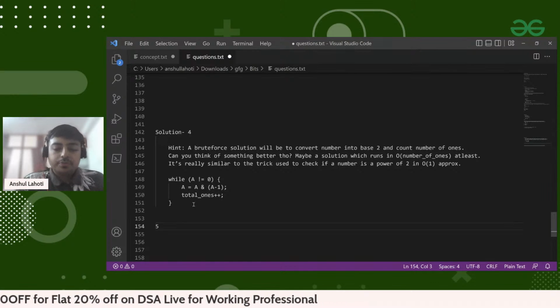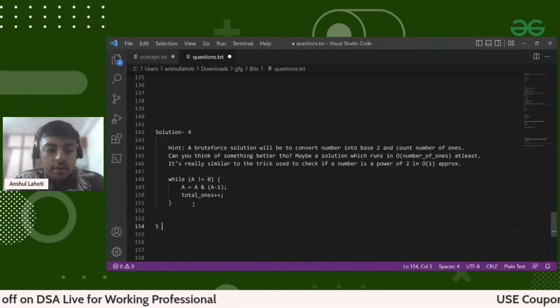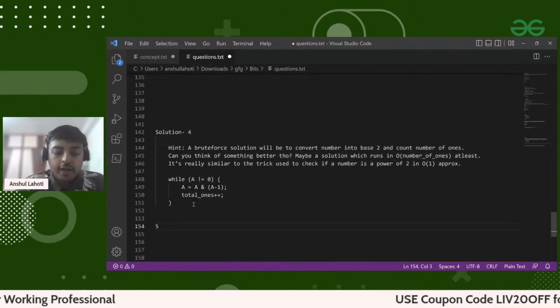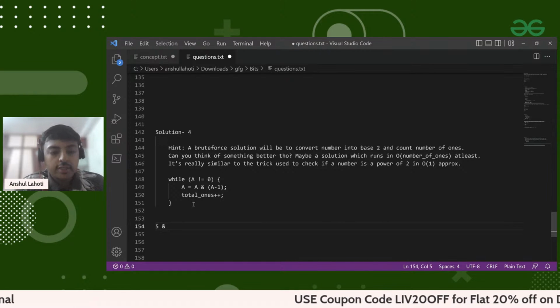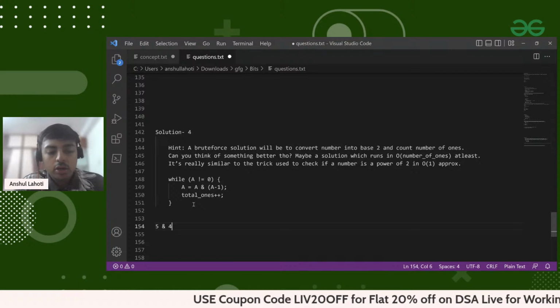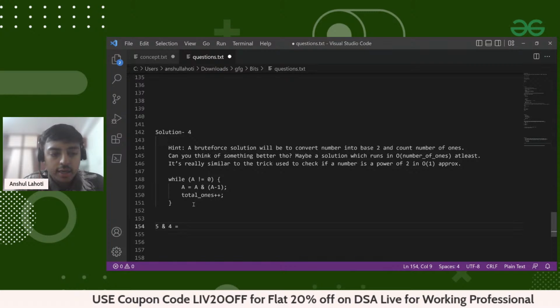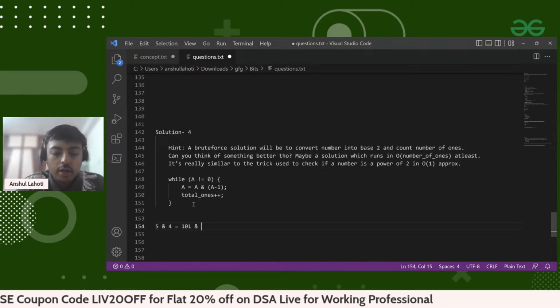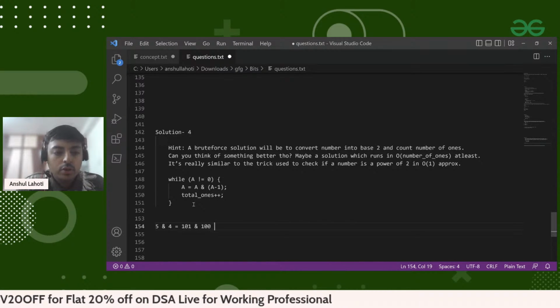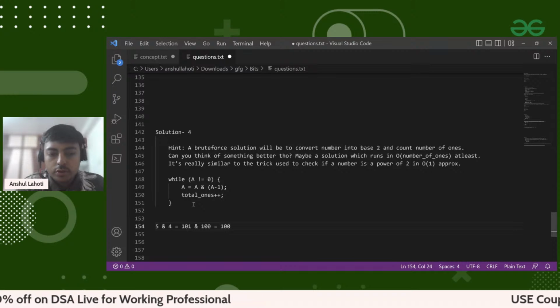So take the number 5 again. 5 and one less than 5 is 4. So what you will get here is 101 AND 100, which gives 100, which is 4.